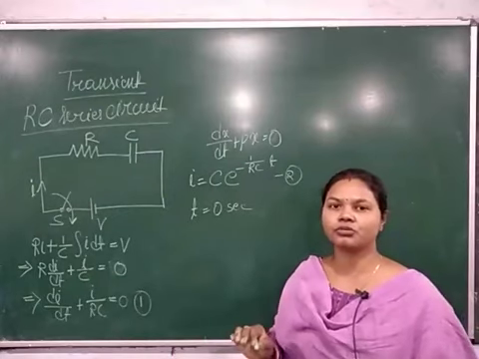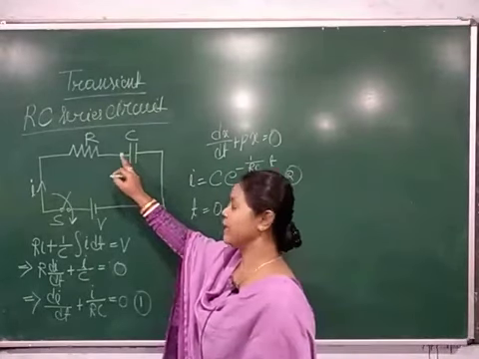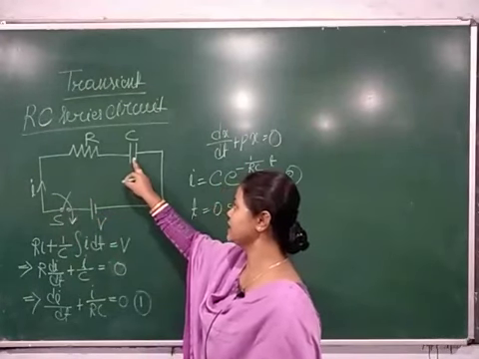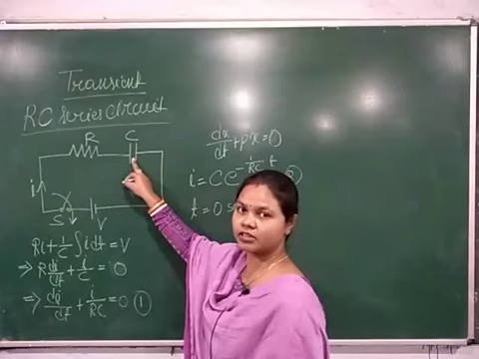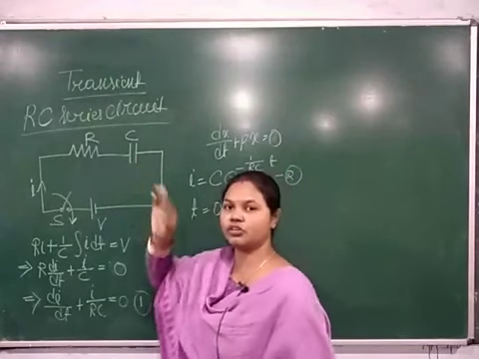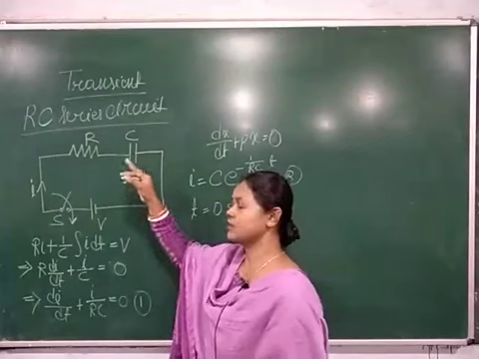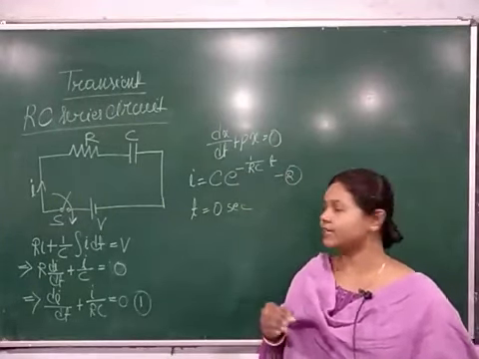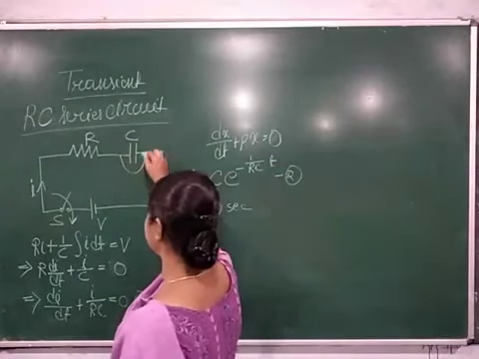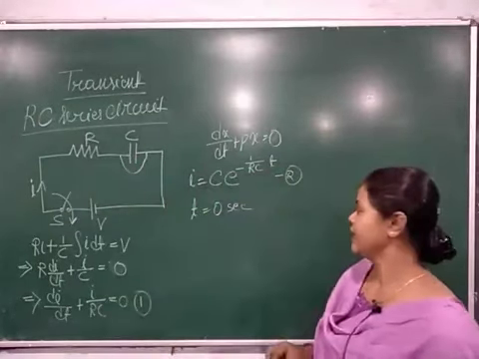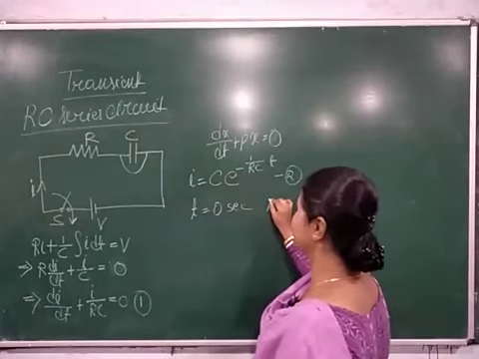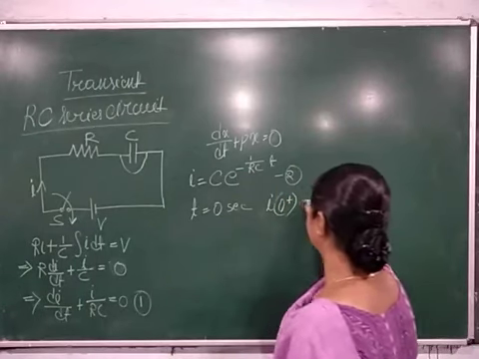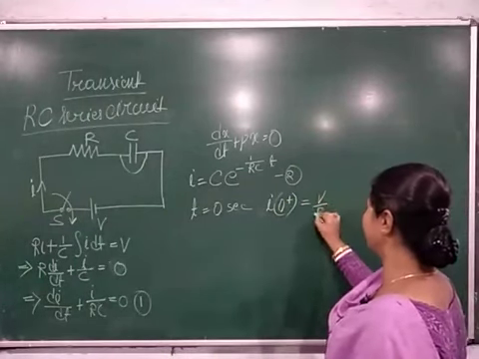Again I repeat, students, just after switching, as the charge stored by the capacitor is 0, it is not able to develop voltage across it. So it acts like a short circuit. Hence the current flowing through it at 0 second is V by R.